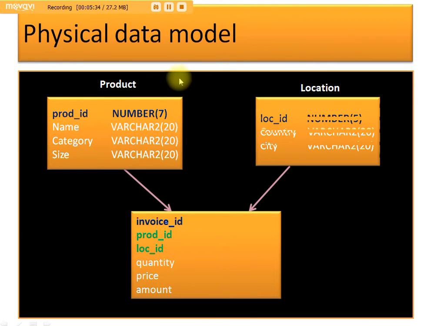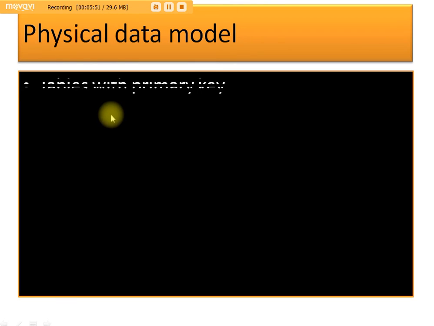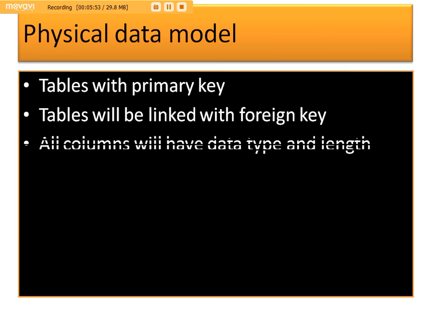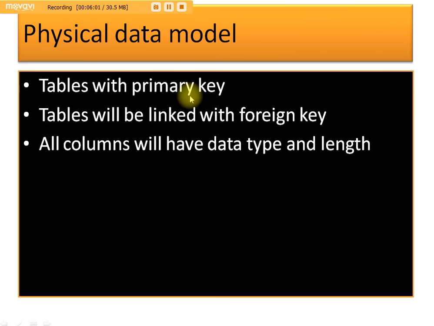In the physical data model, all the entities will be converted into tables, and attributes will be converted into columns with defined data types and length. So here you can see tables having primary keys and linked with foreign keys. The dimensional approach we will see in a different video.